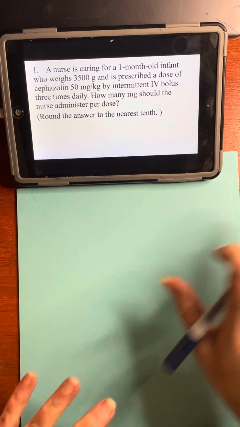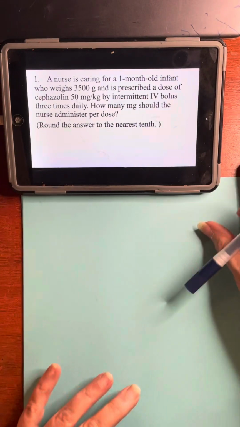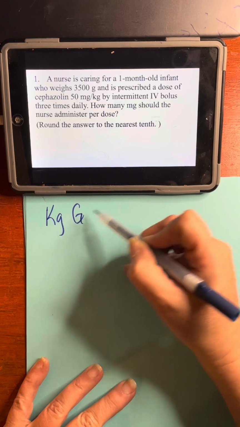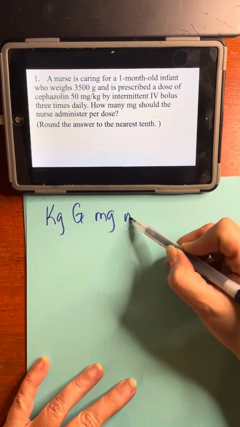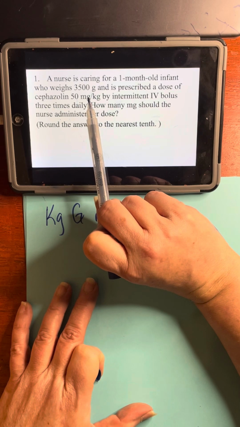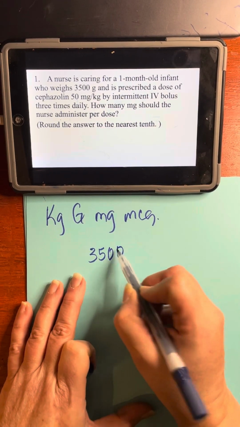So you remember we have kilograms, grams, milligrams, and micrograms. So the baby is 3,500 grams.